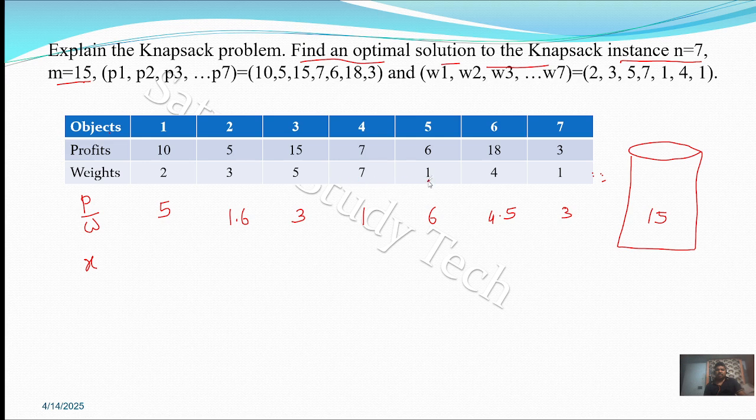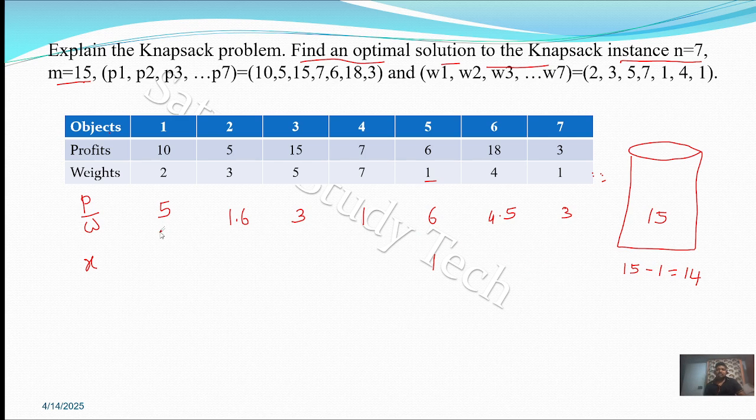Its weight is only 1. The total bag capacity is 15, so 15 minus 1, the remaining bag capacity is 14. We choose the complete object, so the x value is 1.